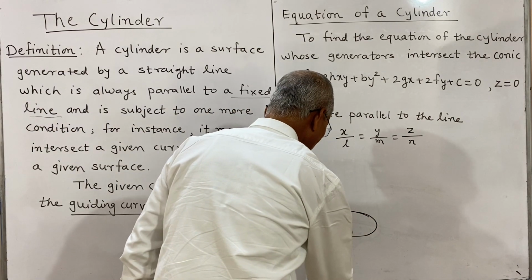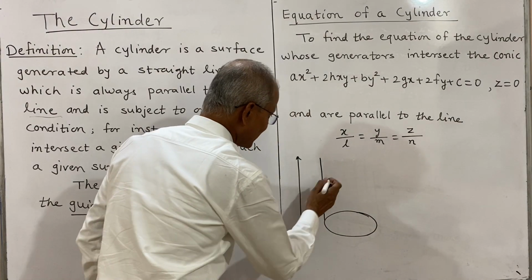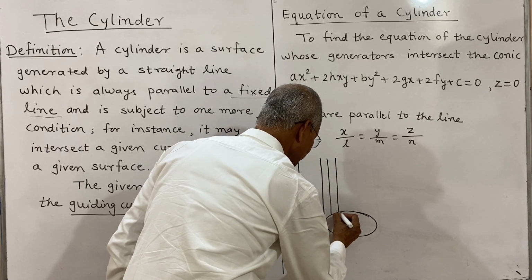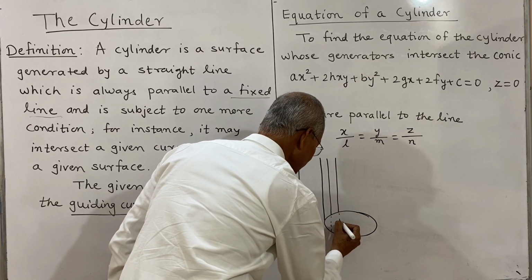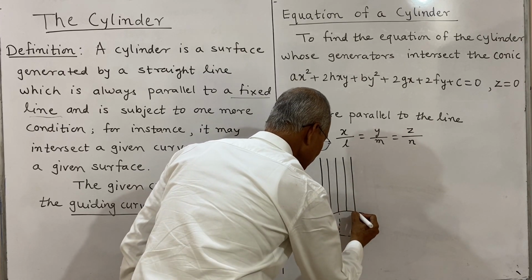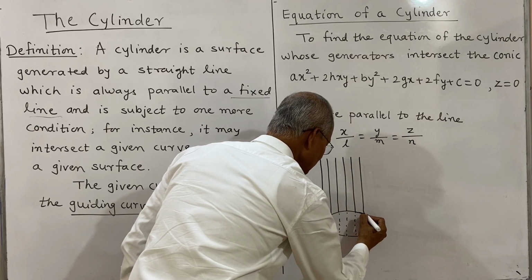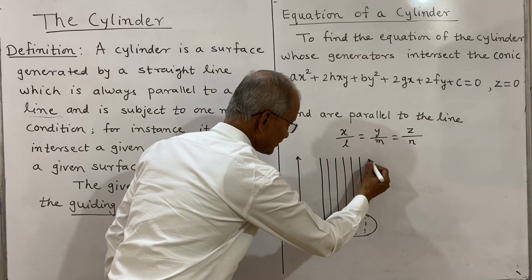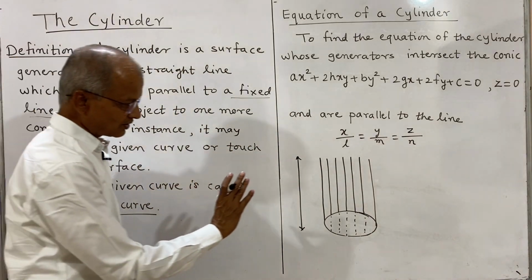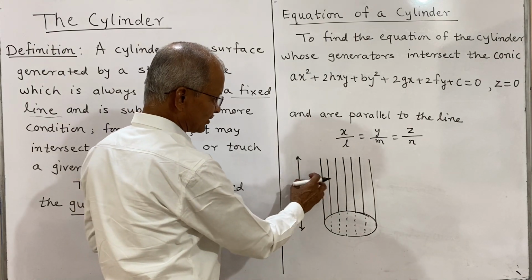So the lines or the generators are parallel to this fixed line, and therefore the surface generated will be of this type. So this is the surface. It is three-dimensional, we have to imagine it, and it is generated by these lines.